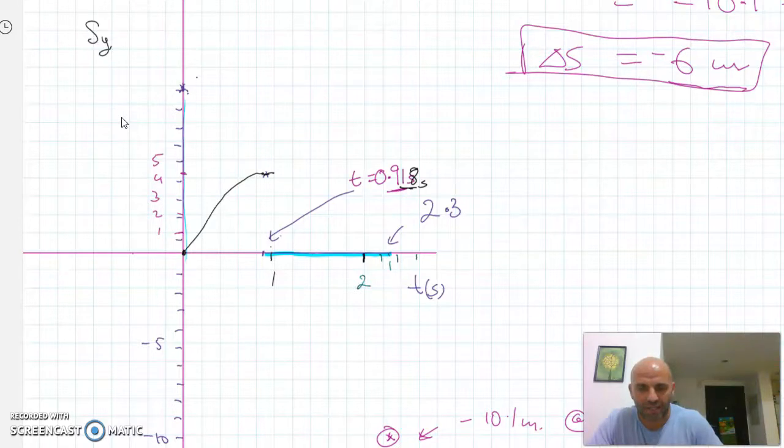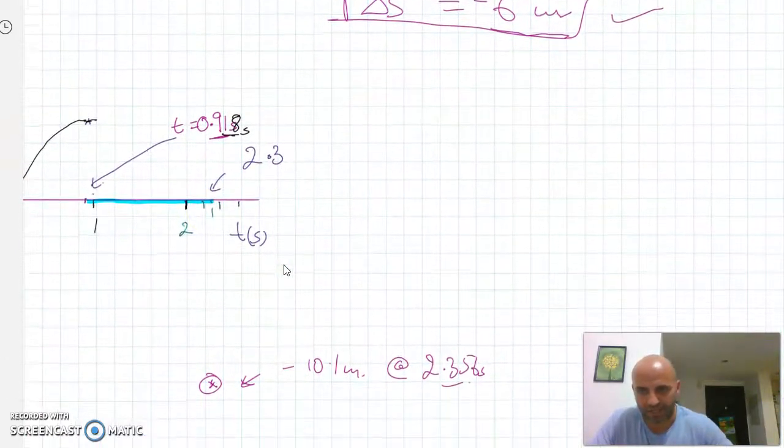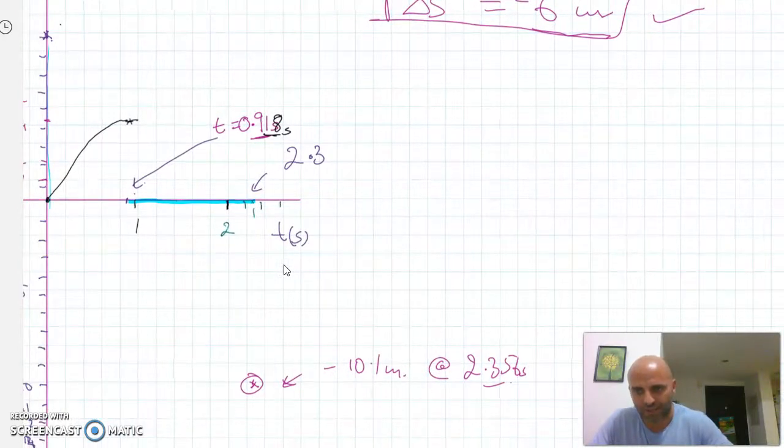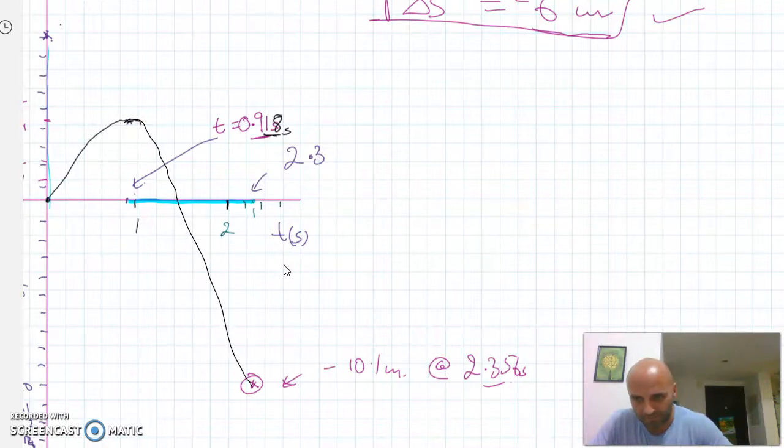Then it comes back down. I'm trying to draw this as carefully as I can for the second part, because it's going to come back down. I'm going to have acceleration here, so it's a little bit funny. Something like that.